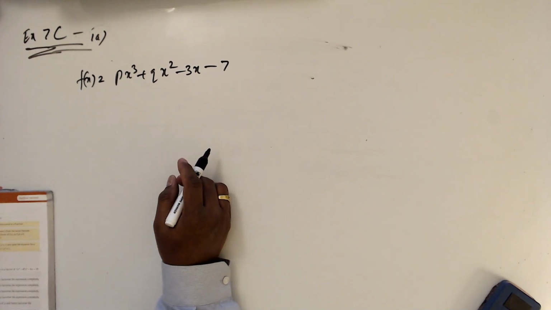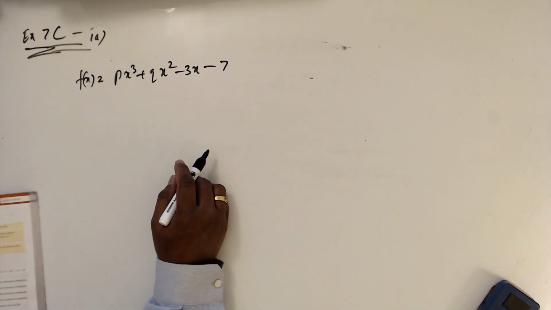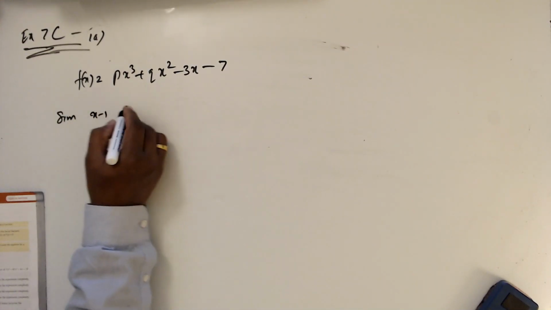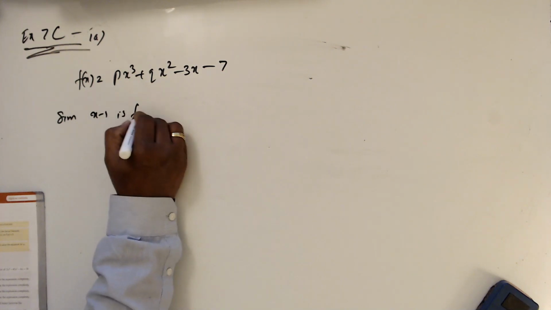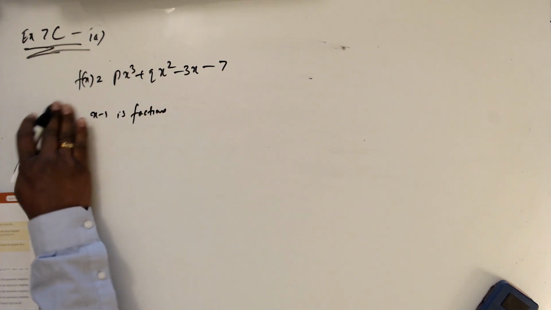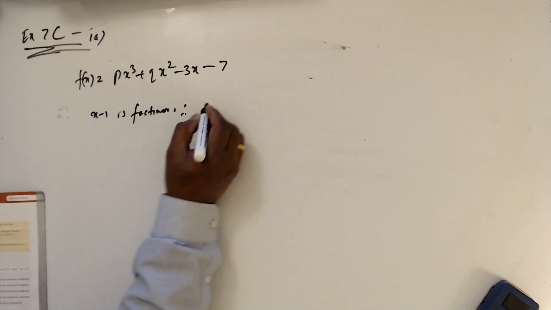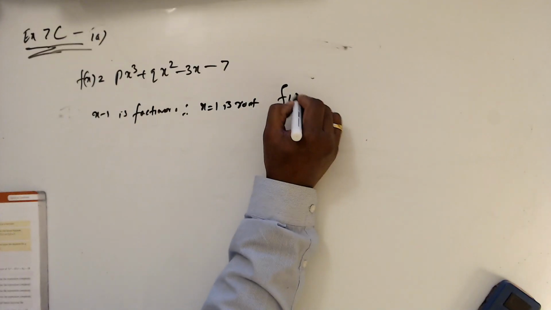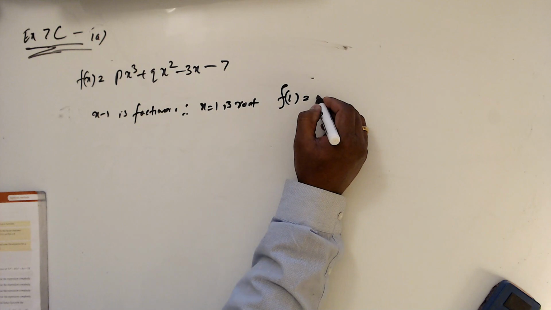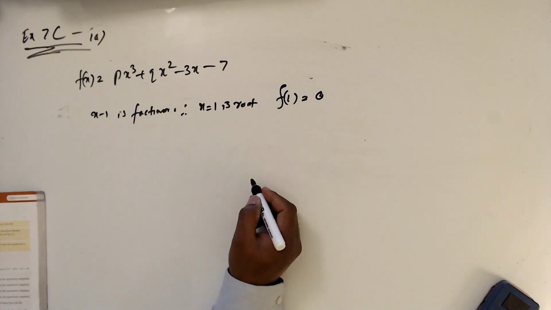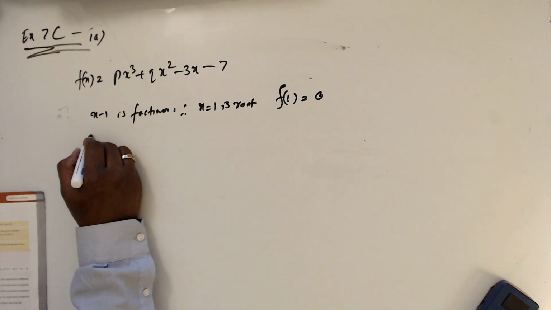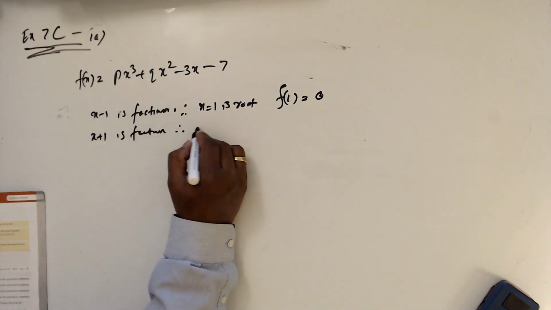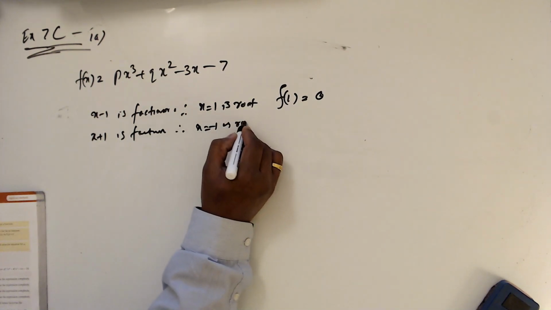Question 10, you can see that they give two roots now. Since x minus 1 is a factor, hence x equal 1 is a root. Then when you find f(1), that y value has to be 0. What is the other one? x plus 1 is a factor, hence x equal minus 1 is a root.